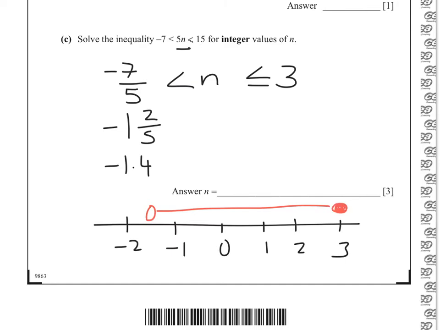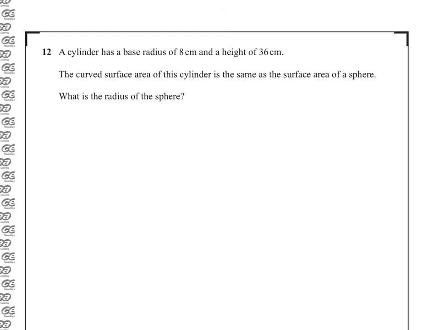This means it can equal 3. So what are the whole numbers, the integers that we go through? Minus 1, 0, 1, 2 and 3. So the answer to our question is minus 1, 0, 1, 2 and 3.